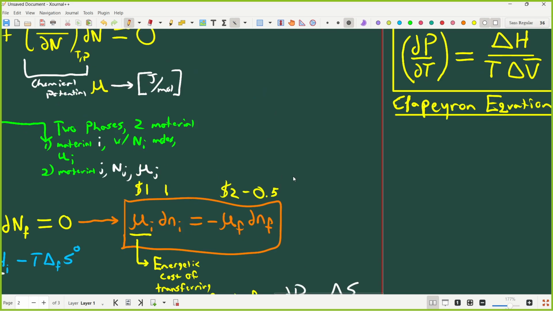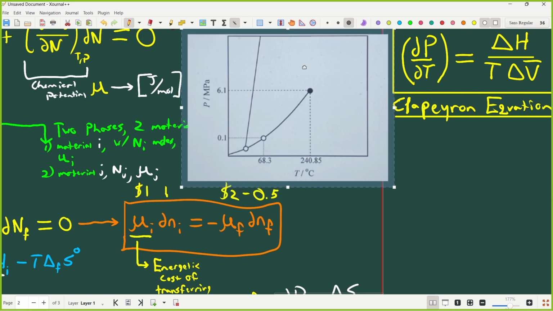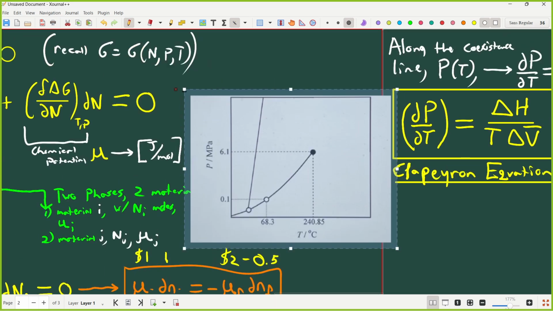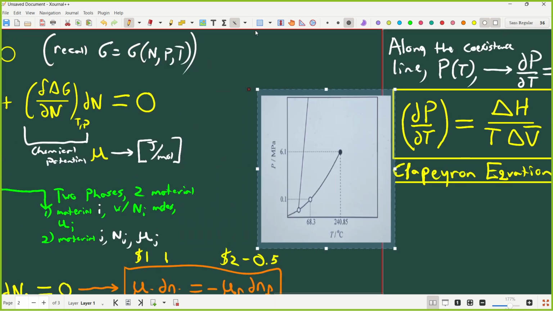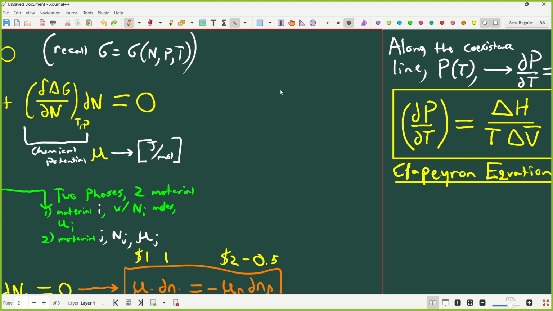So this is one thing to know, if people are making stuff up, if the signs are wrong. So here's a similar basic benzene phase diagram. And what do we see?